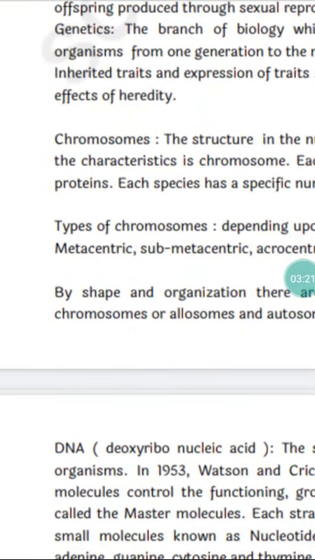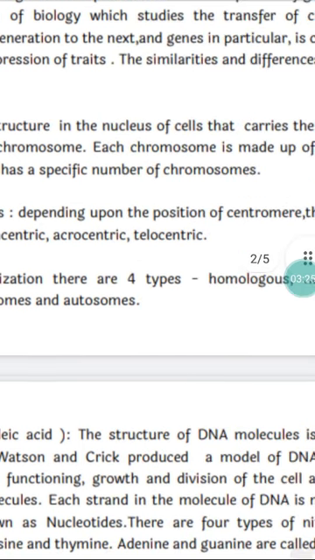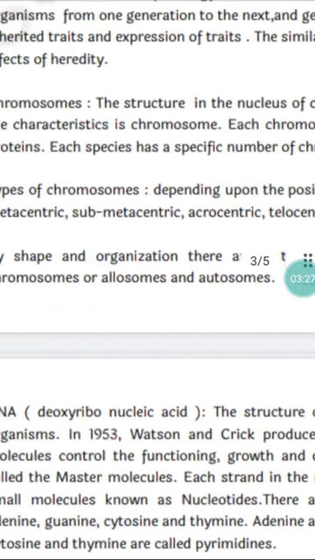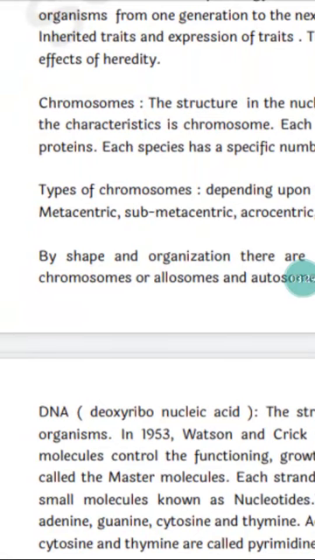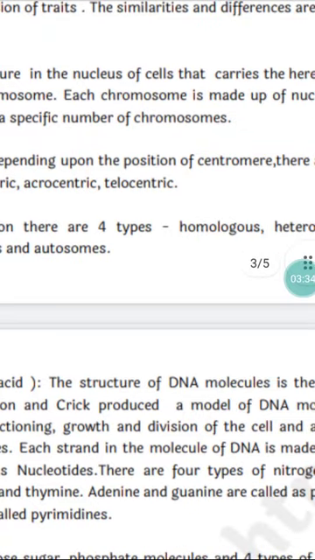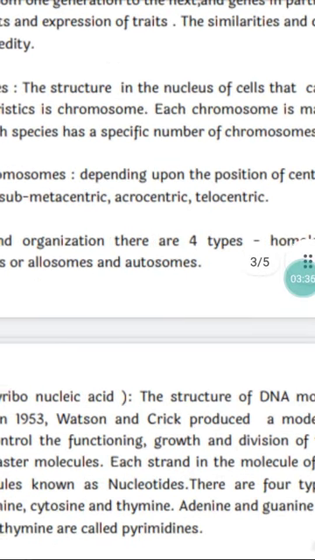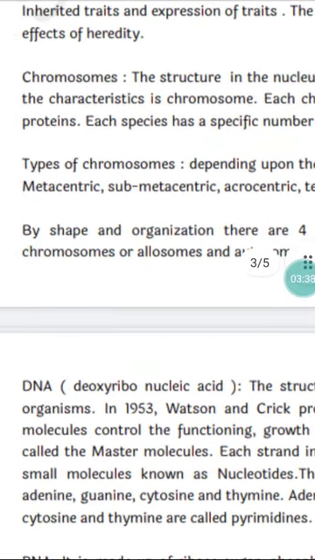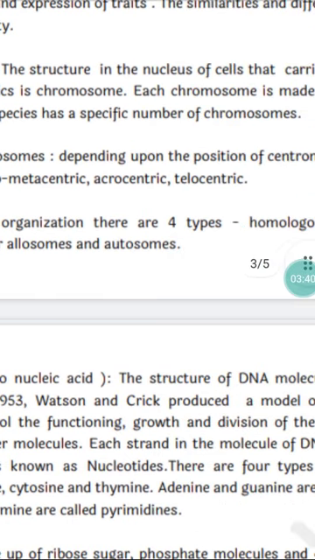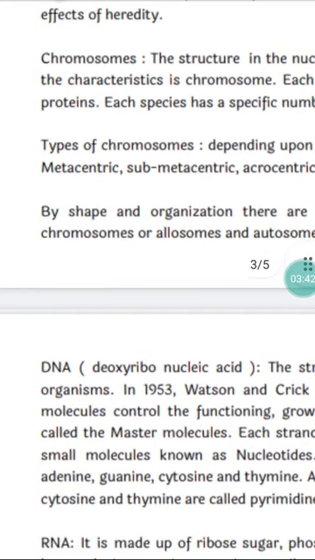So next is the chromosome. The structure in the nucleus of the cell that carries the hereditary characteristics is called the chromosome. Each chromosome is made up of nucleic acid and protein. Each species has a specific number of chromosomes.